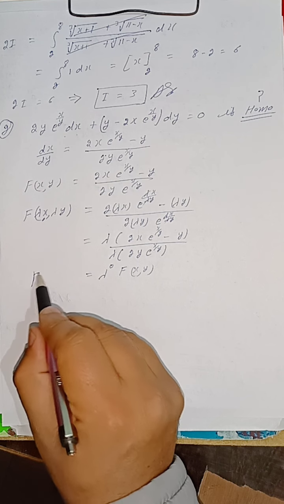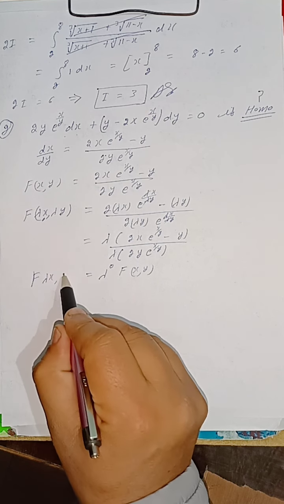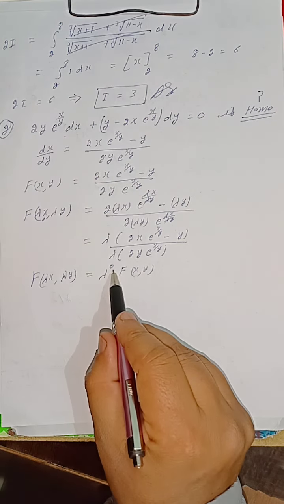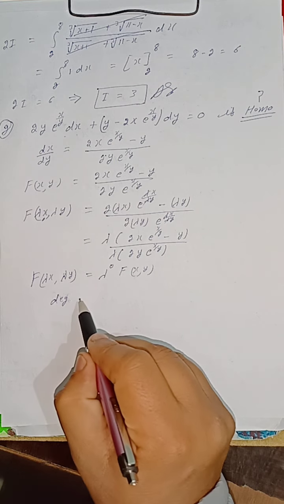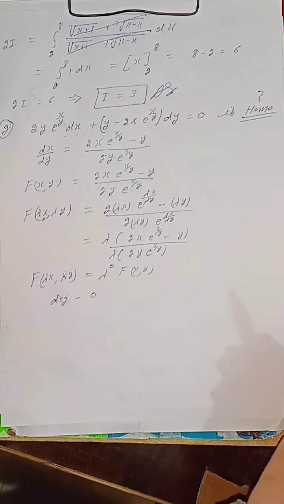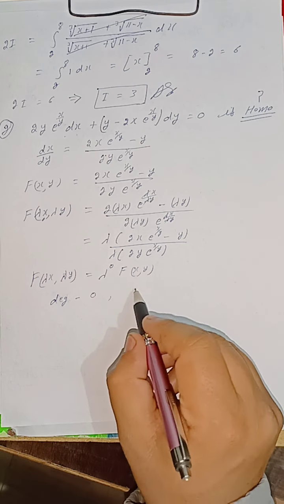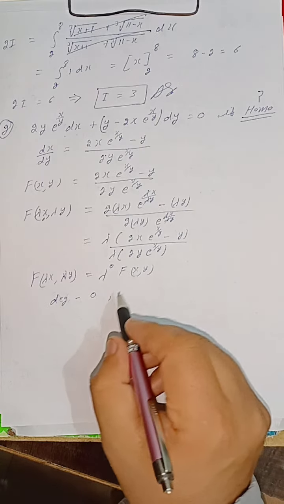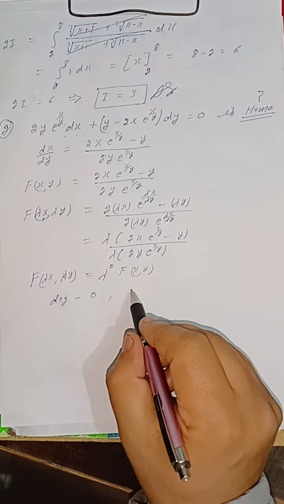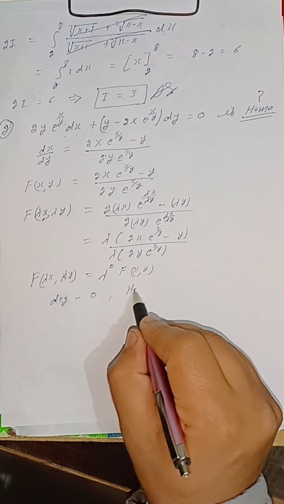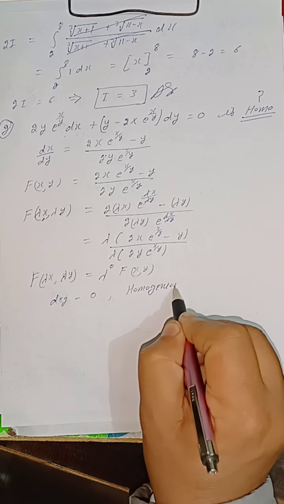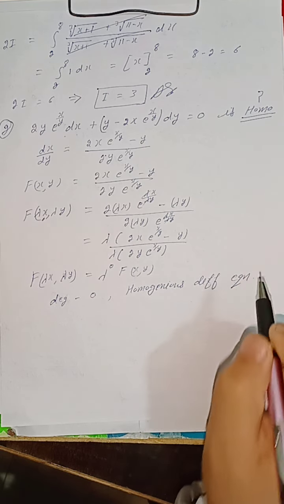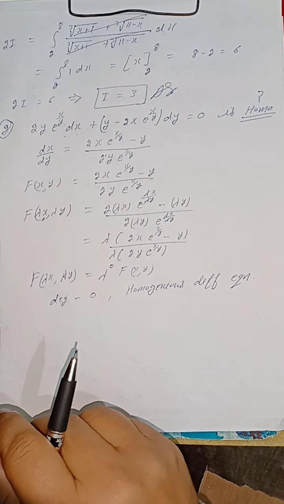So when we replace x by lambda x and y by lambda y, we have lambda raised to power 0, that is, the degree of the homogeneous equation is 0, and lambda is outside the brackets, that is common. So this equation is a homogeneous differential equation. This is a homogeneous differential equation.